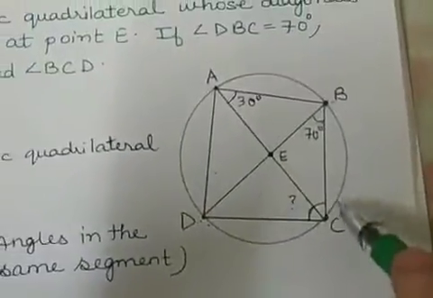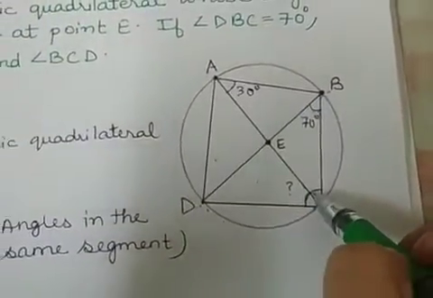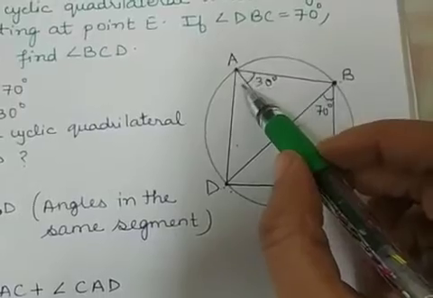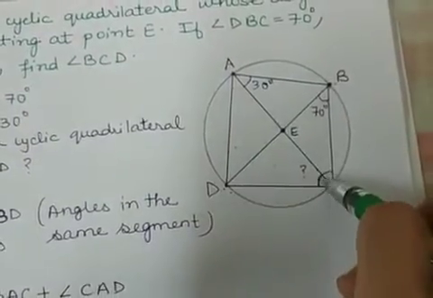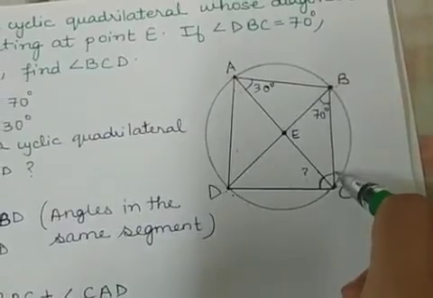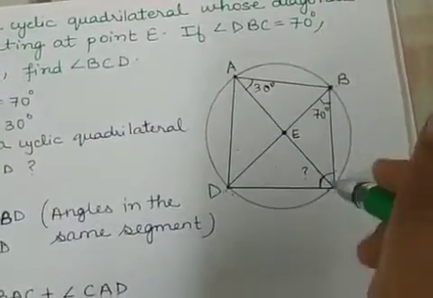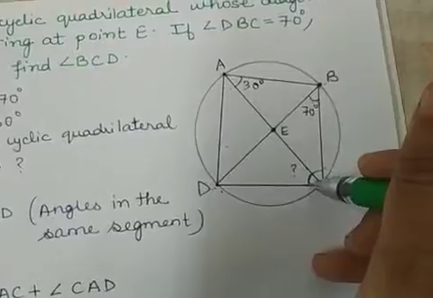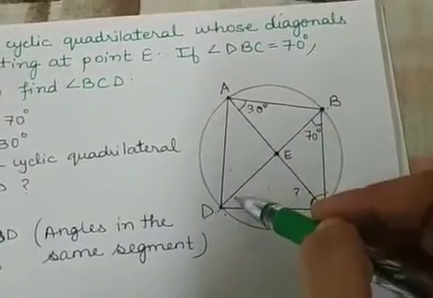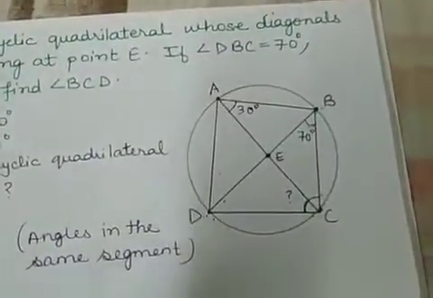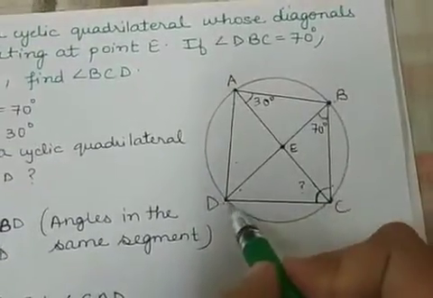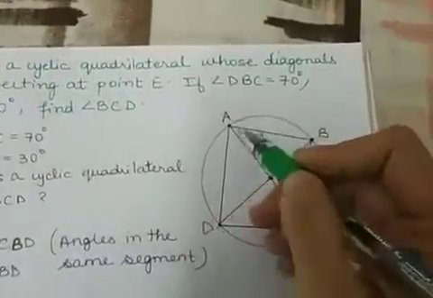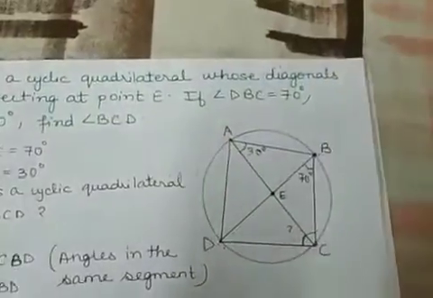So this angle is what I have to find. Now you know that this is a cyclic quadrilateral. So if I find this angle, then I know this angle plus this angle is 180 degrees. So I can use that and find this angle. Now how to find this angle? There is a theorem which says, these two angles lie on the same segment of the circle.